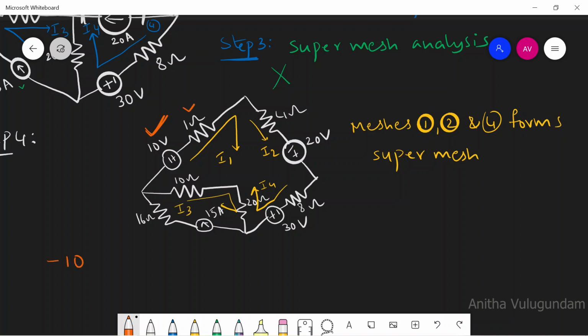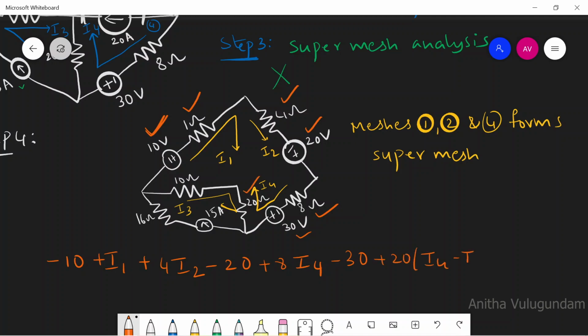Minus 10, next 1 ohm, plus I1, plus 4 ohm, 4 into I2, 20 volts, minus 20, plus 8 ohms, plus 8 into I4, minus 30, next plus 20 into (I4 minus I3), plus 10 into (I1 minus I3) equal to 0.